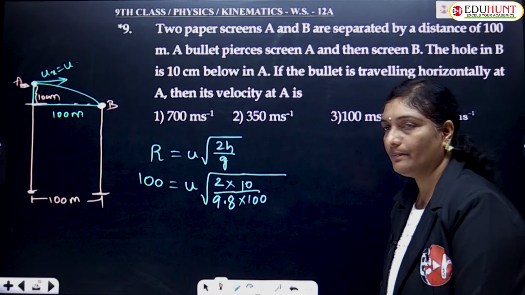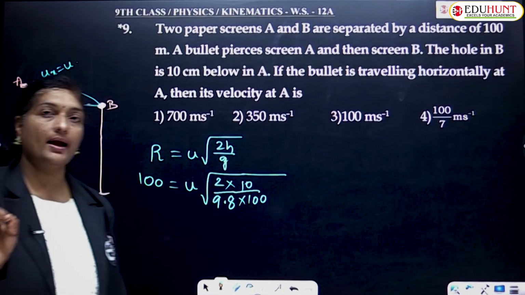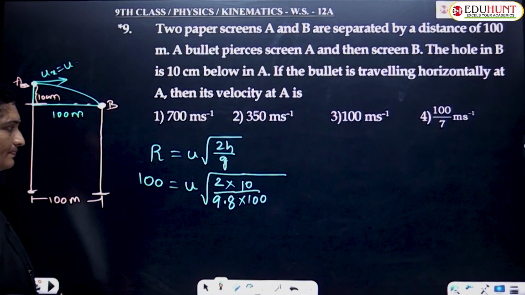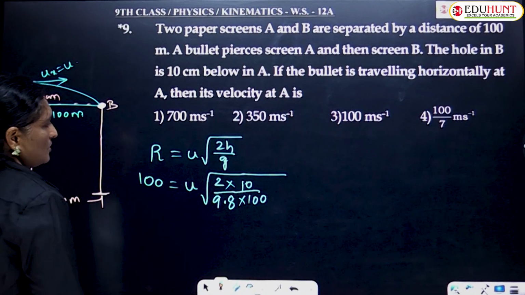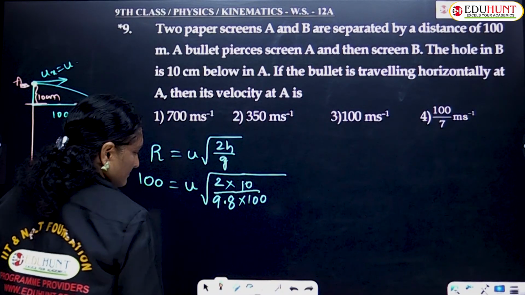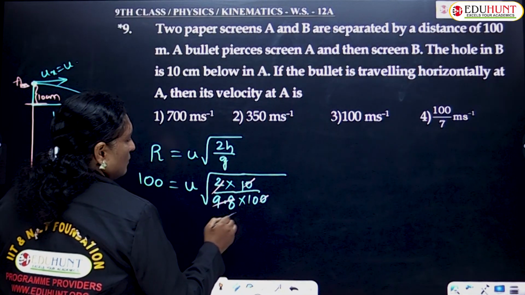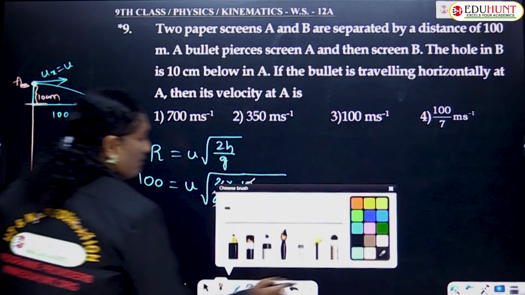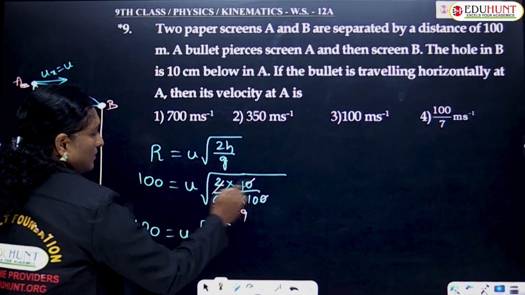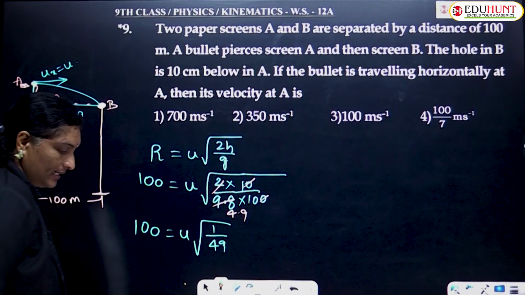Is that point clear? So h is 10 centimeters, 10 centimeters can be written as 10 by 100 meters, and g value is taken as 9.8 meter per second square. Substituting and solving, this 0 and this 0 get cancelled. 2 goes 4.9 times. Then we have 100 is equal to u times root over 1 by 4.9 into 10, which is nothing but 49.